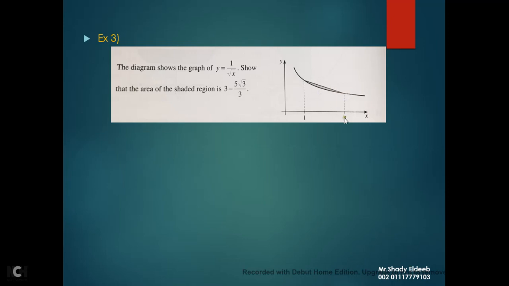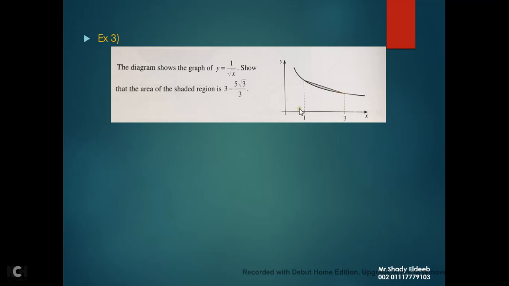A1 or area 1 is this trapezium. Look. And A2 is the area under the graph. So trapezium minus the area under the graph is the shaded region. So we must find A1 and A2. A1 is the area of the trapezoid.